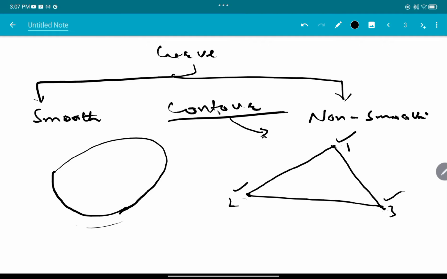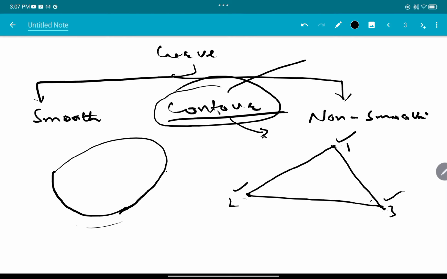Anyhow, we will use contour in the sense of a closed curve, but the closed curve will be either of this type or of this type. That means either it will be totally smooth or it will be piecewise smooth.